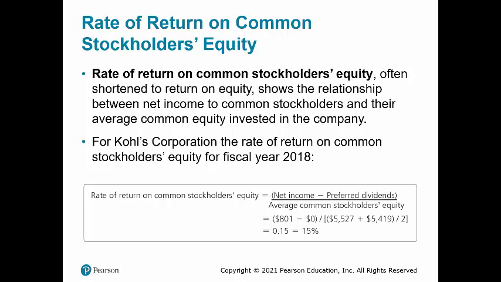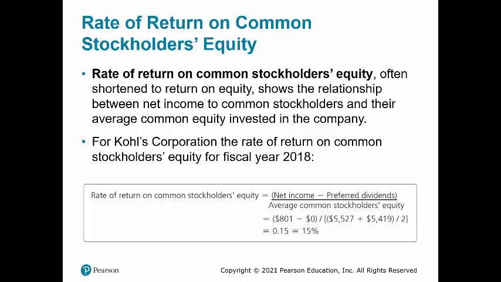So again, we're going to look at the rate of return on common stockholders' equity for Kohl's Corporation for fiscal year 2018. Anytime that you are calculating a ratio just for common stockholders and it involves net income, you would have to subtract any preferred dividends.